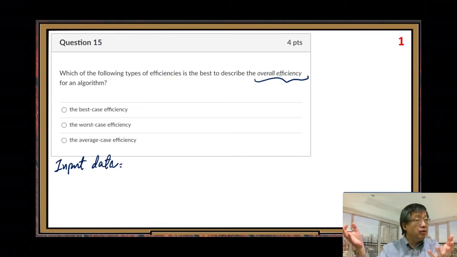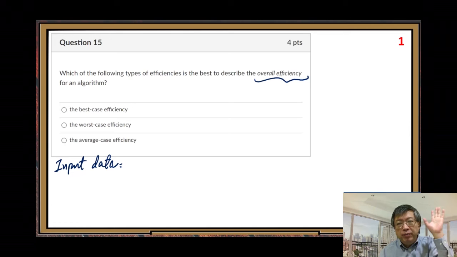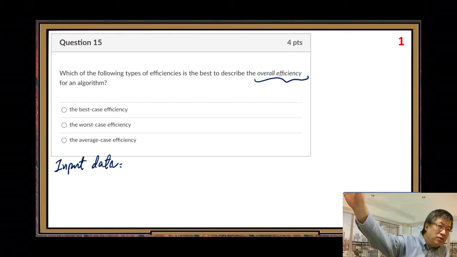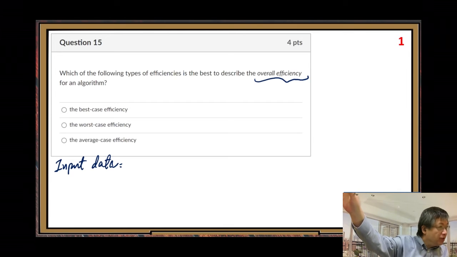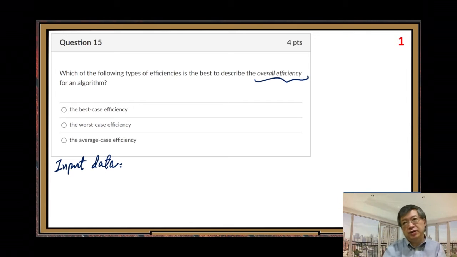Arbitrary. Very general. We know for different input data, the efficiency measure for that particular algorithm could be different. For some input data, it runs faster. For some input data, it runs slower. So that's the general case.